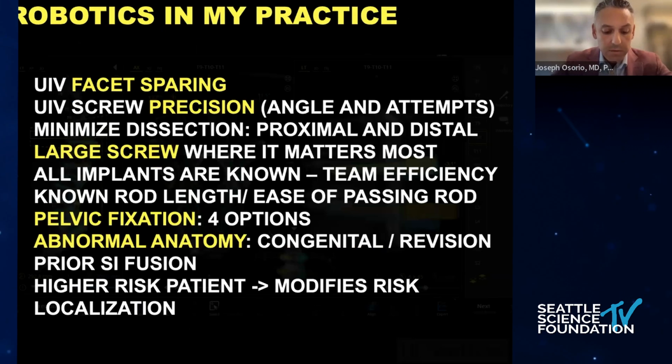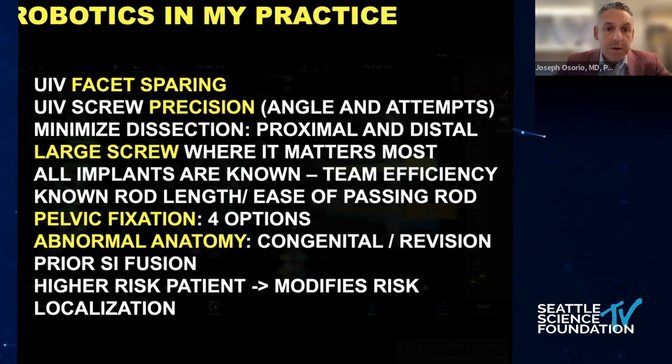This is simply a list of when I think about the advantages of robotics in general, and I know we're hearing about a lot of the different advantages throughout different specialties and applications today. But when I think about deformity and tumor, sometimes I need to really think about the UIV selection and making sure that a patient doesn't have a failure because of their bone quality or prior radiation.